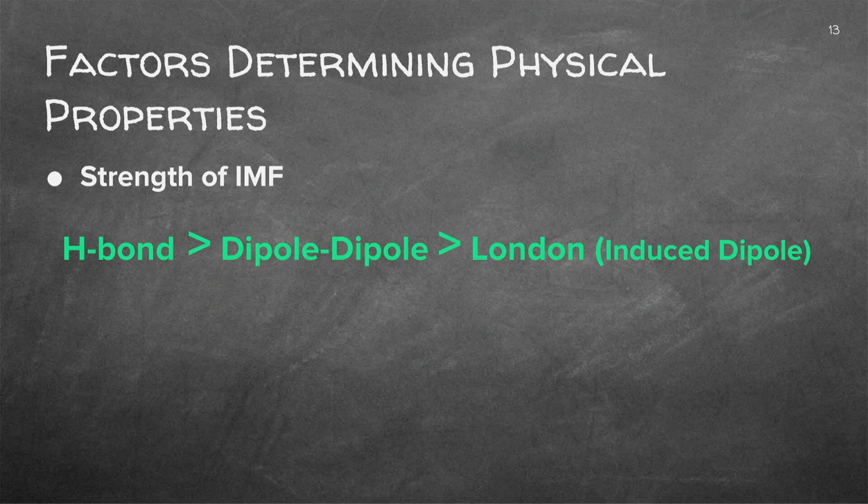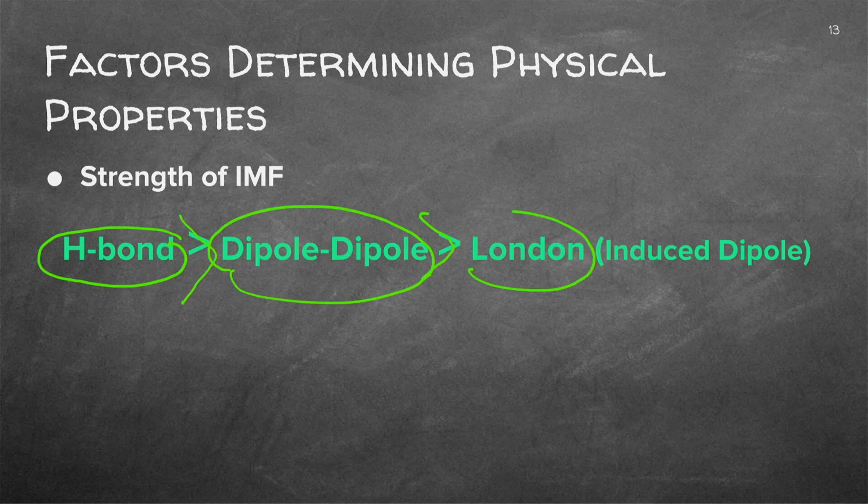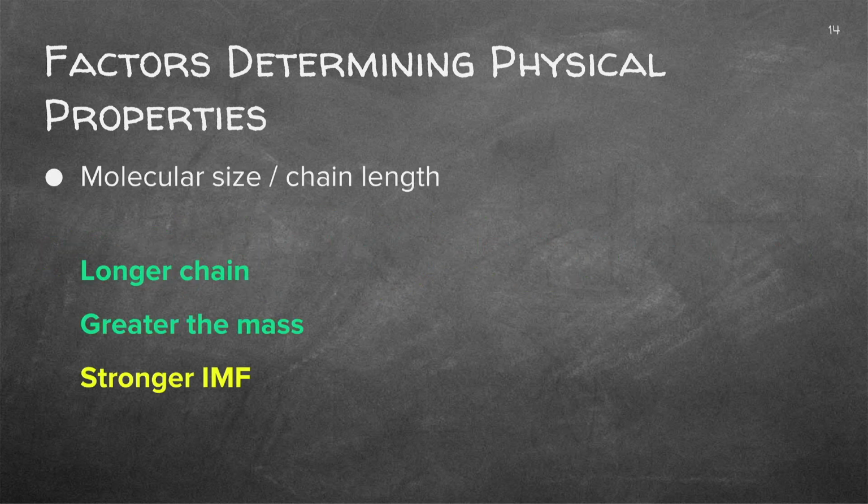Firstly, the strength. We said hydrogen bonds are stronger than dipole, which is stronger than London or induced dipole. That we know. Secondly, the molecular size or chain length. The longer the chain, the greater the mass. That we know.